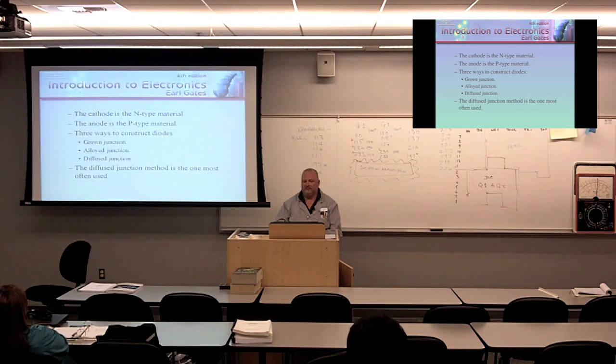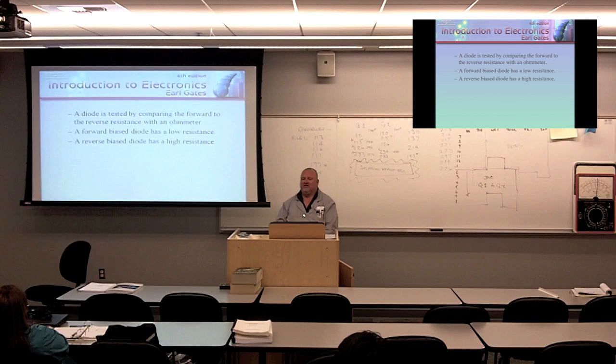A diode is tested by comparing the forward to reverse resistance with an ohm meter. When I say ohm meter, I'm talking about kicking it old school, an analog instrument. So when you're doing your labs, make sure if they say measure the resistance, you're going to have to use an ohm meter. I recommend you do both.